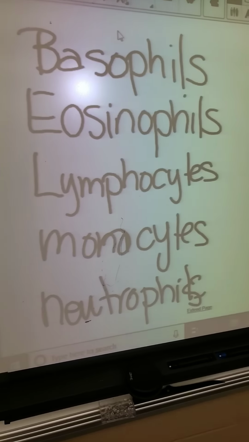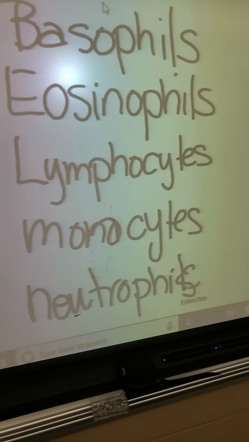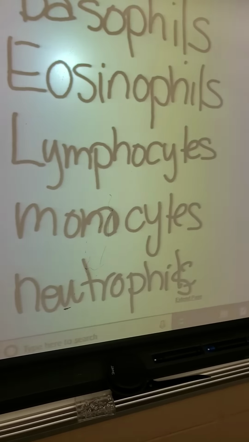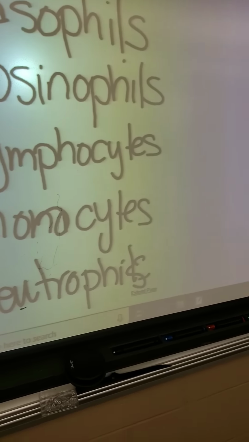So you have basophils, eosinophils, lymphocytes, monocytes, and neutrophils, and these are all types of white blood cells.